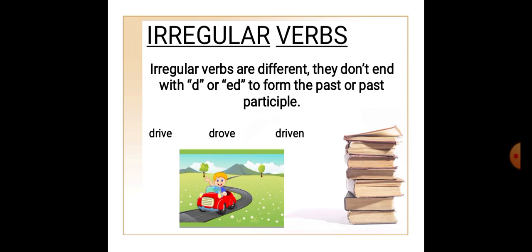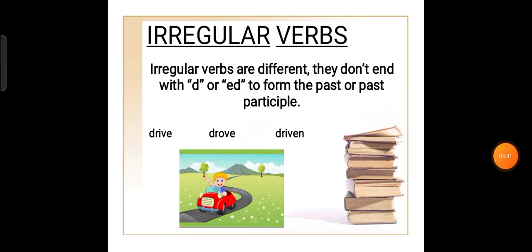Irregular verbs are different. They don't end with d or ed to form the past or past participle. For example, drive, drove, and driven, but I can't say droved or drived. Again, d or ed is not added in an irregular verb, whereas in a regular verb we add d or ed.